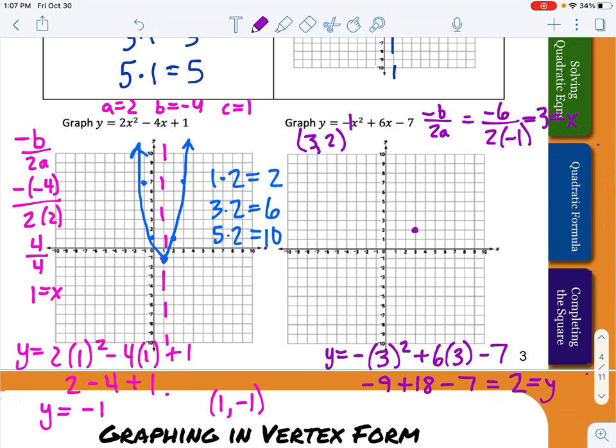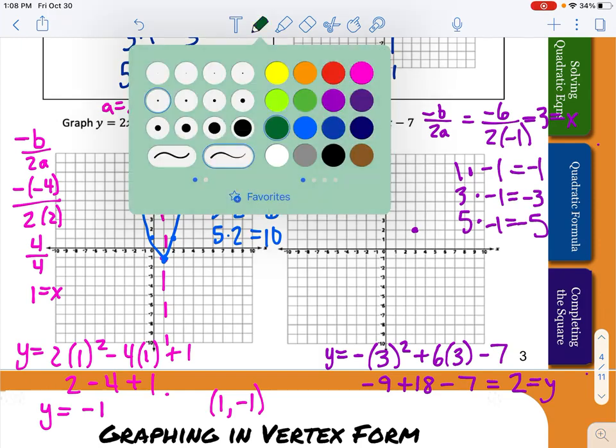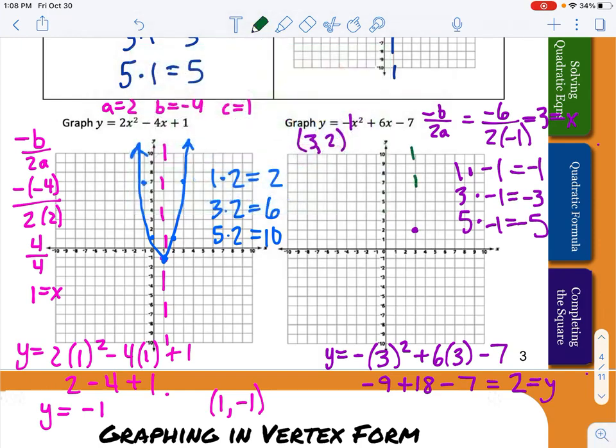And then we can do our a trick, where we take 1, 3, and 5 all times our a value, in this case -1, to plot our points. I'm going to quickly draw in my axis of symmetry.